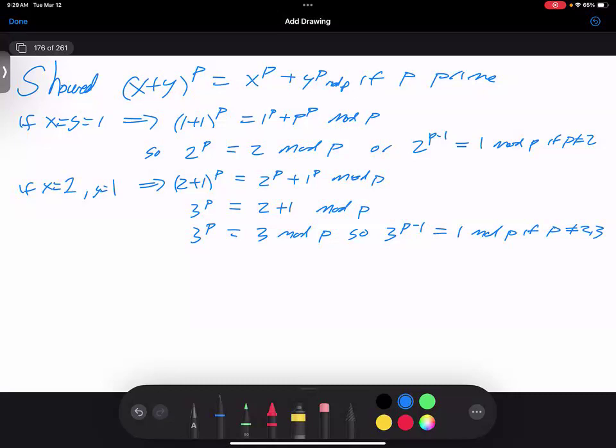What theorem are we basically proving right now? Yes, there's a famous theorem: 2 to the p minus 1 is 1 mod p if 2 is relatively prime to p, and 3 to the p minus 1 is 1 mod p. This is basically Fermat's little theorem.